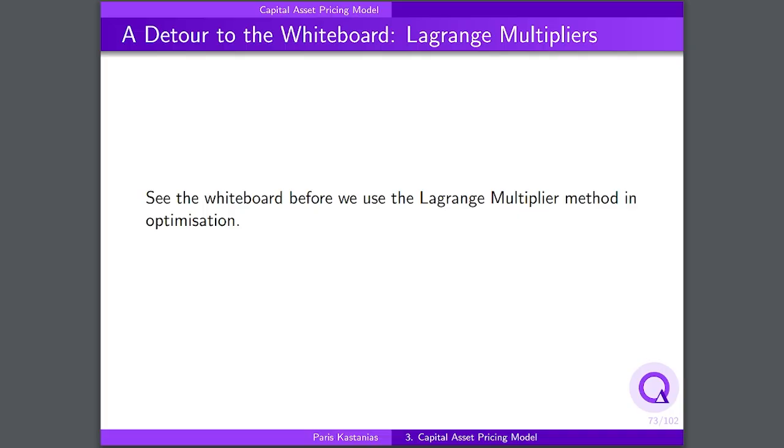Lagrange. Okay, so let's find an optimal point. Can you see this?